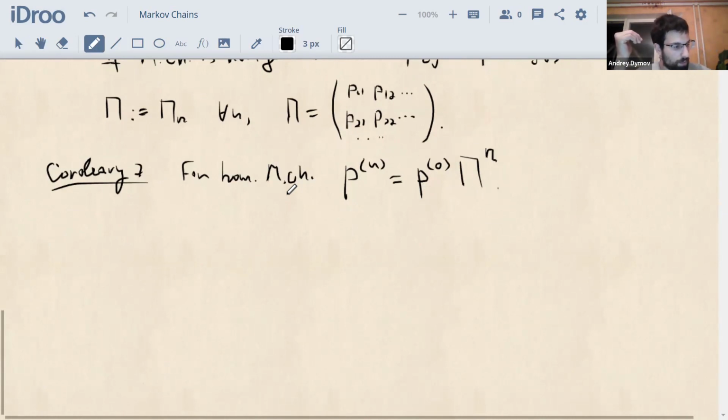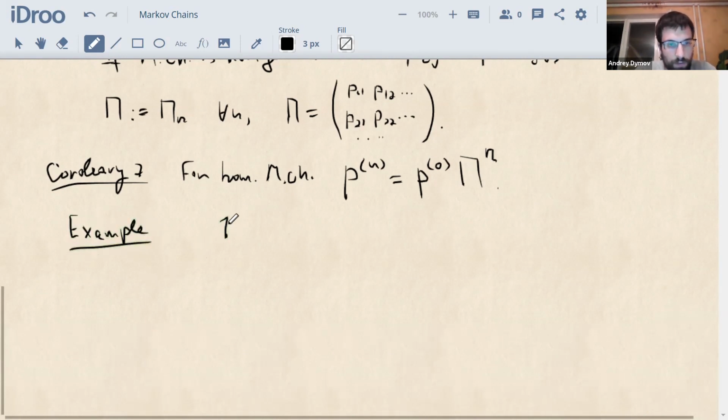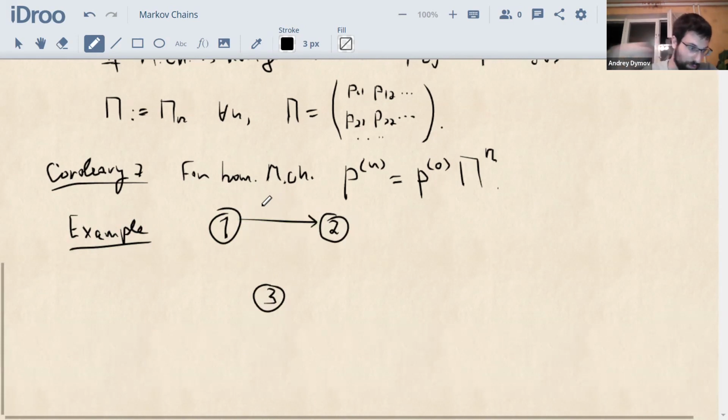So let me consider some example. Let us consider the following Markov chain with 3 states. Actually, in exercises, I think I will often meet Markov chains with 3 states, because with 2 it's really trivial. With 3 it's slightly more complicated, and already there are some things to discuss.